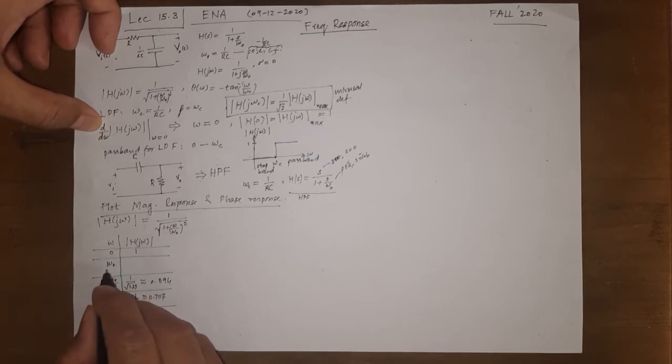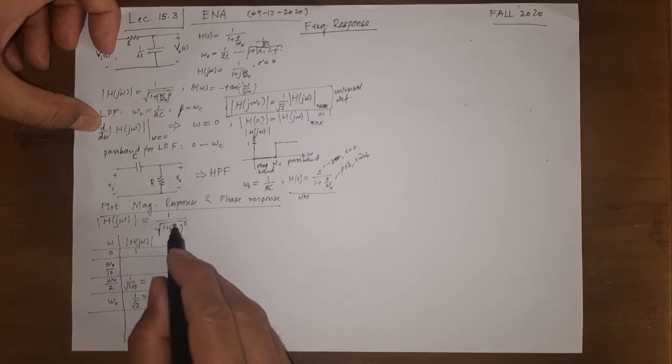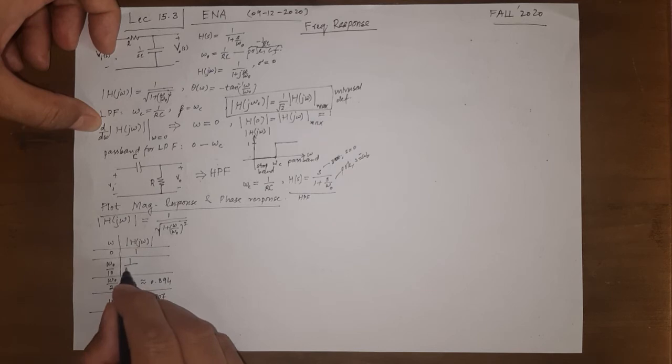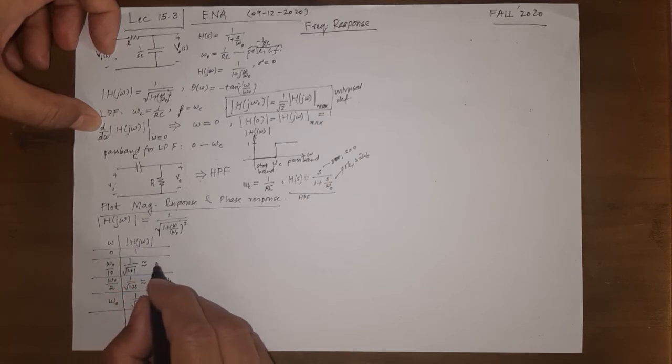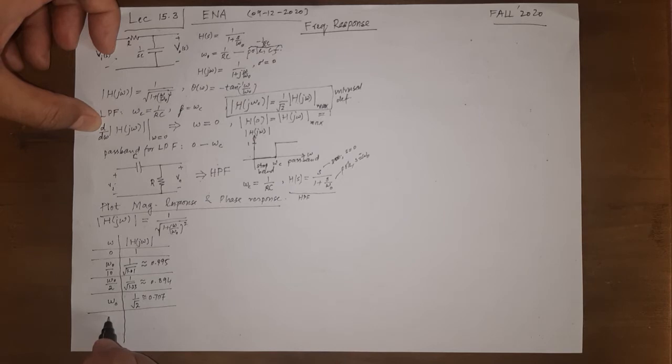And what about omega naught over 10? We are going to have 0.1 here. 0.1 squared is 0.01, so we have 1 over square root of 1.01, which is close to 1, like 0.995. What if omega is equal to twice omega naught?